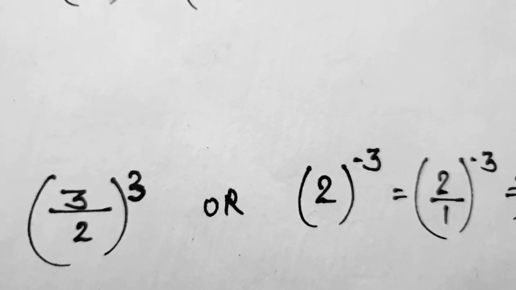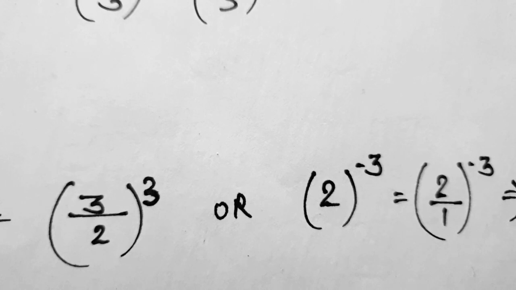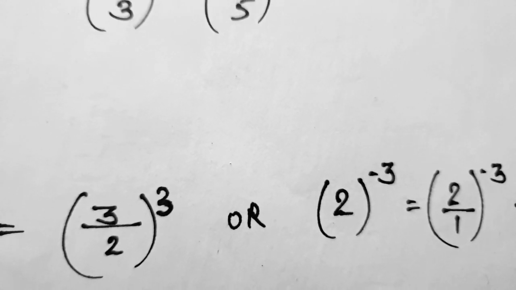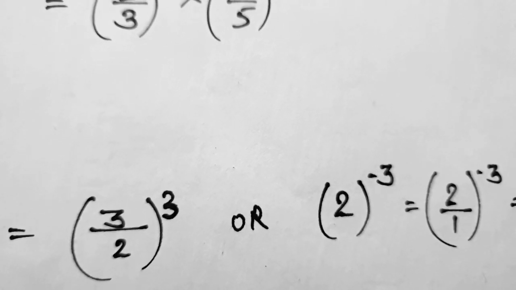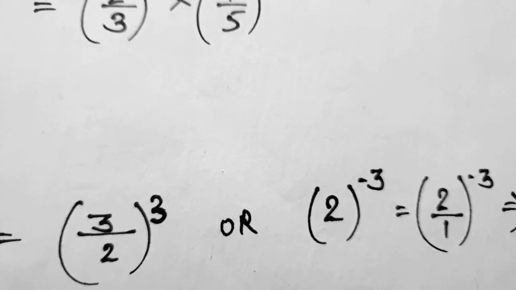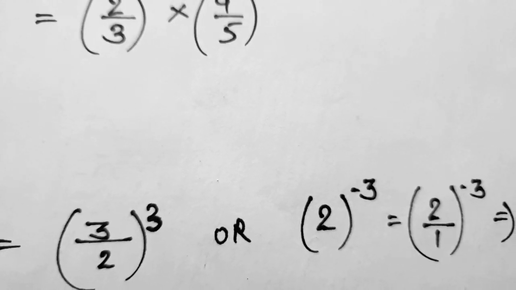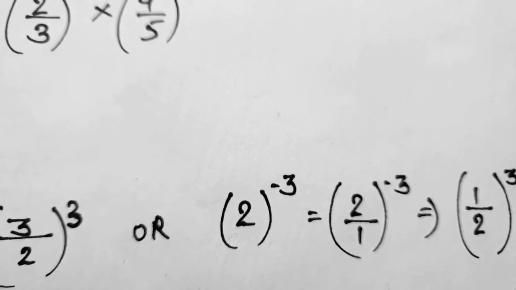So the denominator will be 1. So the answer will be (2/1)^(-3). 1 is by default a denominator. So now if you see (2/1)^(-3), it will be like (1/2)^3.